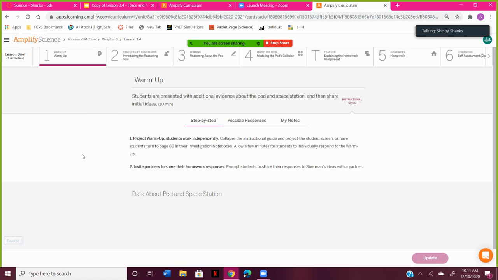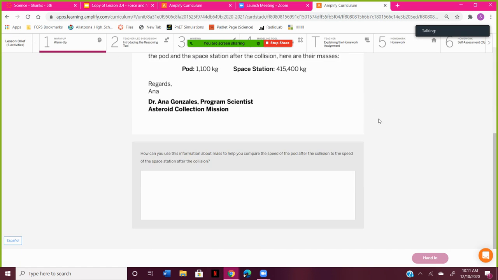If you haven't started to answer that, make sure that you do. It asks, how can you use this information about mass to help you to compare the speed of the pod after the collision to the speed of the space station after the collision? All right, go ahead and answer that question. Just take a few minutes.